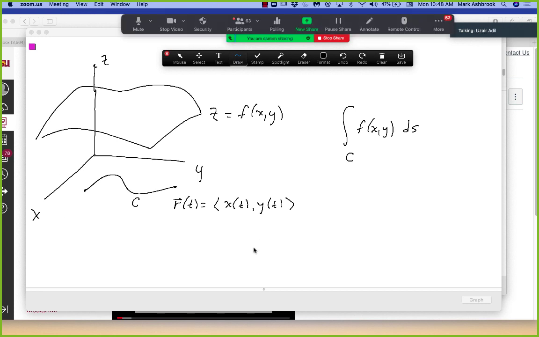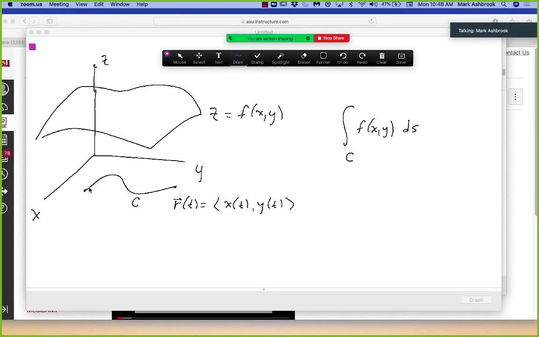We created a curtain from the line to the surface. Okay, so we're going to only be looking at the points on the surface that are right above the line. So something like this.